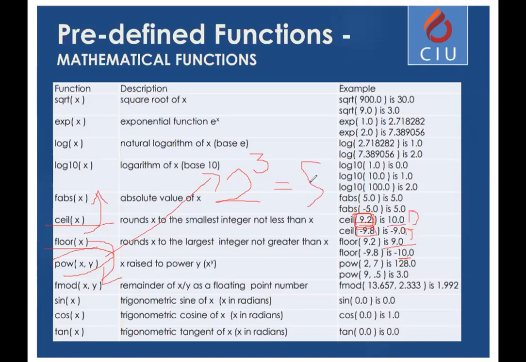Remember that the outcome here will be a double value. So if you try to initialize to integer, you might actually get some error or not show the full value. So make sure that you basically use a double value within these functions.